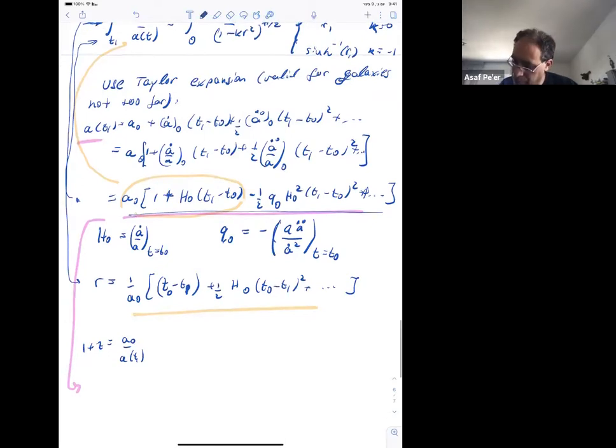Then we have 1 over 1 plus z is equal to 1 plus H0 (T1 minus T0) minus 1/2 Q0 H0 squared (T1 minus T0) squared plus extra terms.